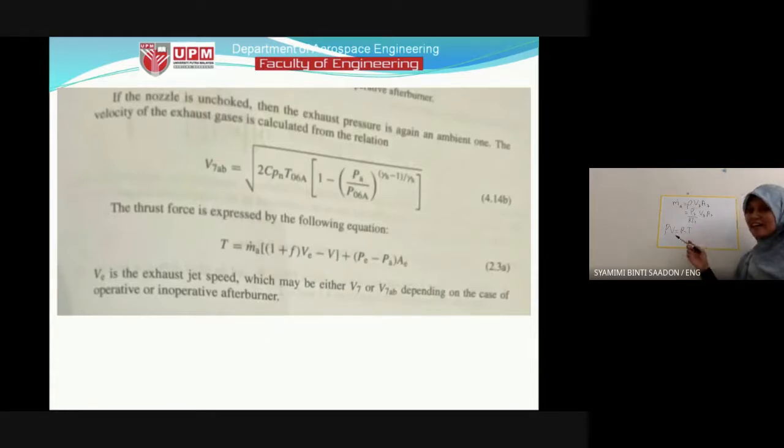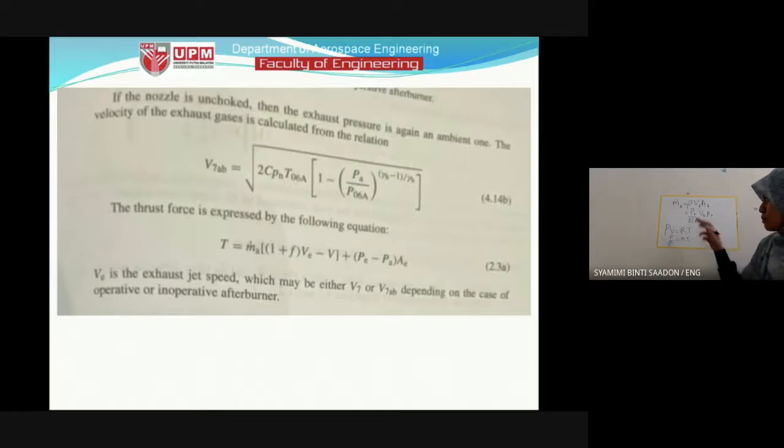Remember this perfect gas equation. So V is the opposite of the density, so P over rho equals RT. So we want to calculate rho, this density, we use P over RT. Ideal gas, perfect gas equation, PV equals RT.